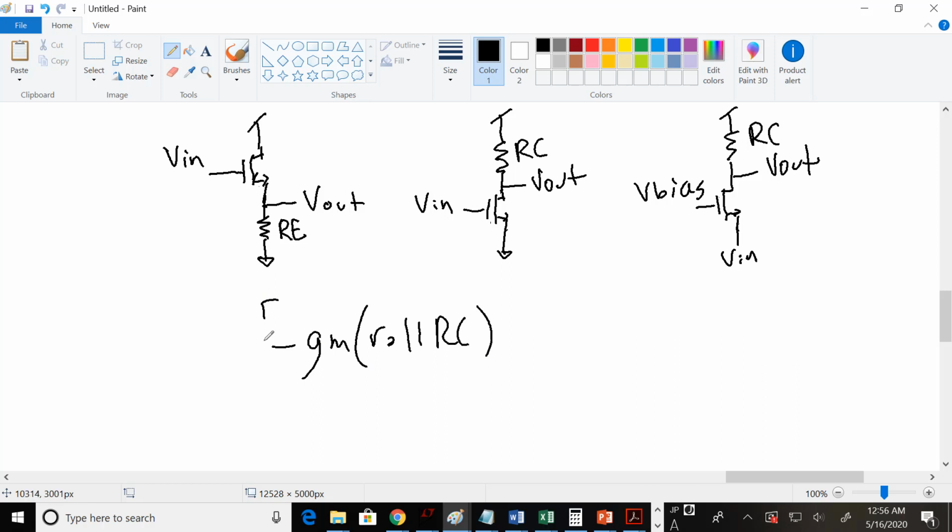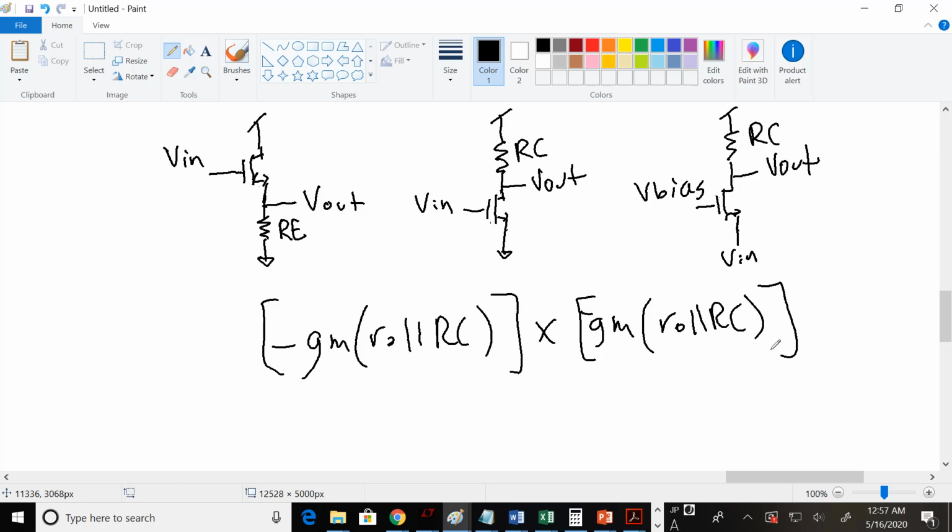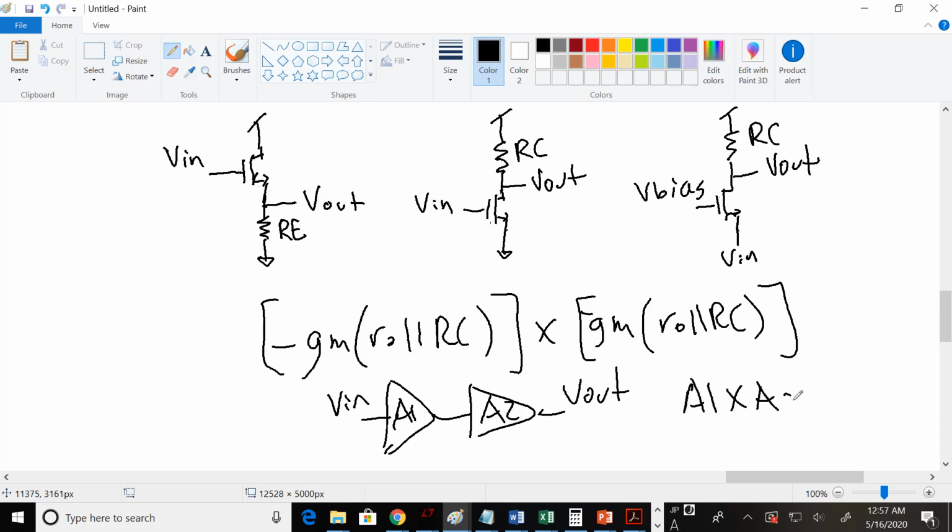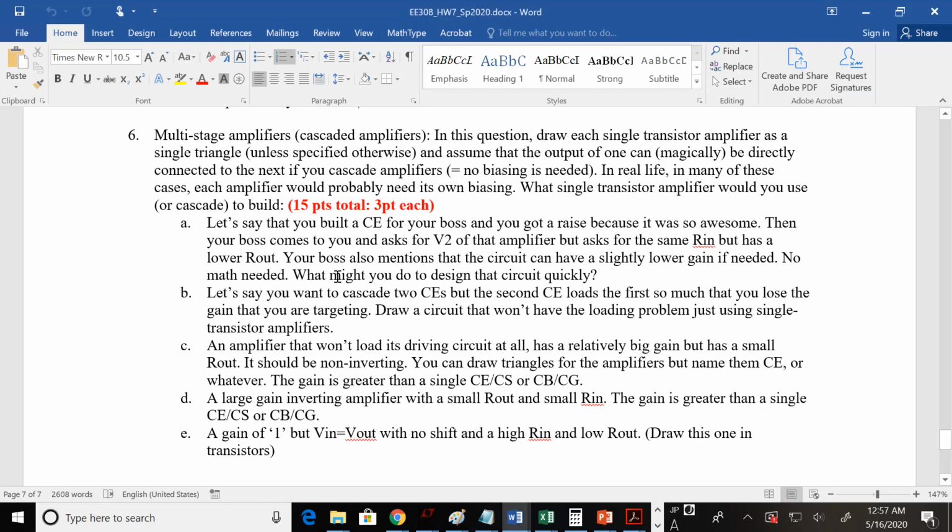If I cascaded two amplifiers, the first amplifier's gain is this, you'd multiply the gains of each stage, and your final gain would be the product of these two, just like you did when you were doing loading factor. Okay. So if you had two amplifiers, A1 going into A2, the net gain from the input to the output would be A1 times A2 is your total gain.